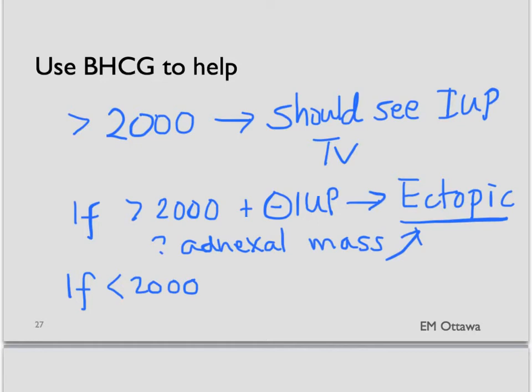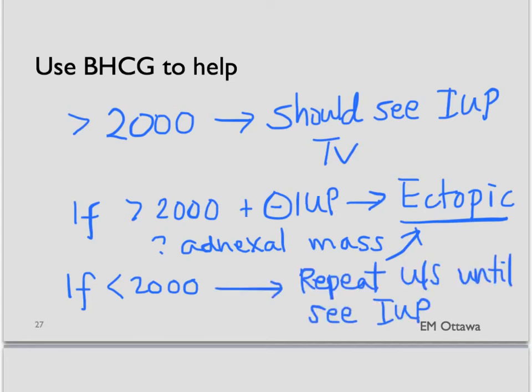These are very tricky patients. And we tend to discuss with the consultant about what we would do. If they're stable, we often bring them back and repeat both the beta HCG and the ultrasound until an intrauterine pregnancy can be ruled in.